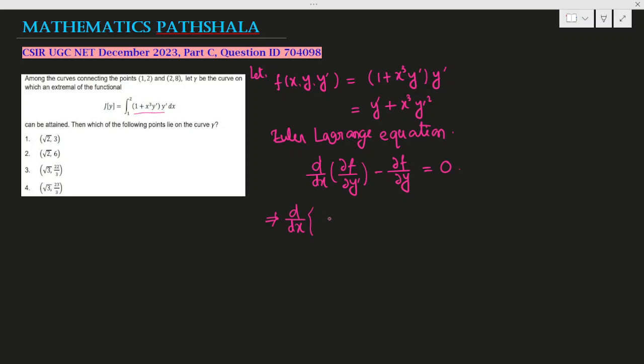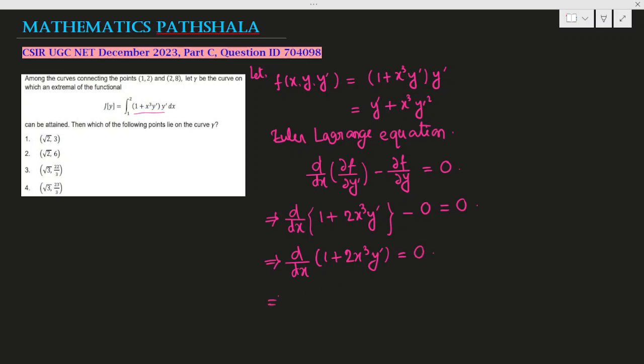We get d/dx of 1 plus 2 into x cube y dash. And here, as no terms exist with y in this expression, del f by del y will be 0. So we can write it as d/dx of (1 plus 2 x cube y dash) is equal to 0.